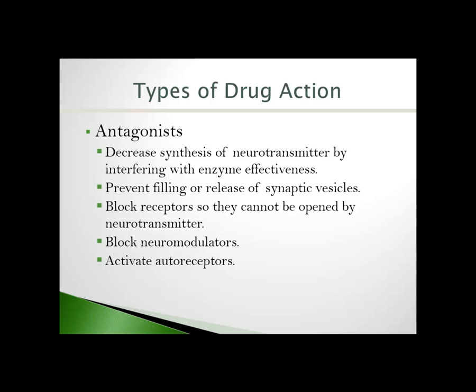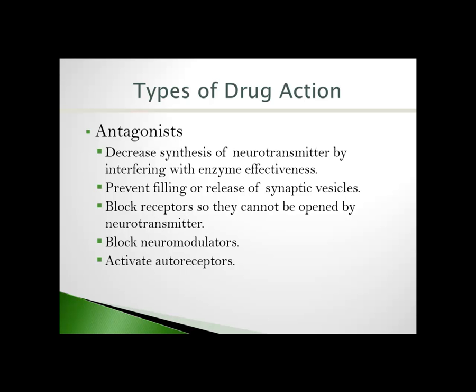And here are some ways that drugs can antagonize a neurotransmitter system. First of all, it can interfere with the synthesis of the neurotransmitter to start off with. It can prevent the synaptic vesicles in the terminal buttons from filling up or being released.